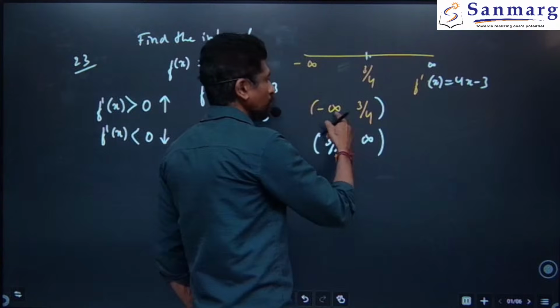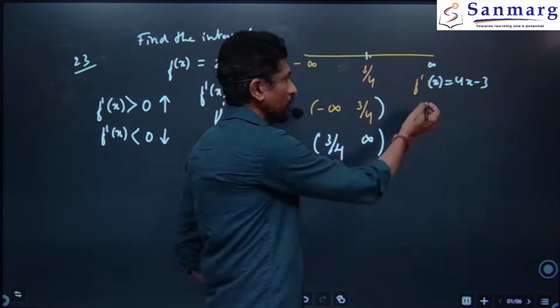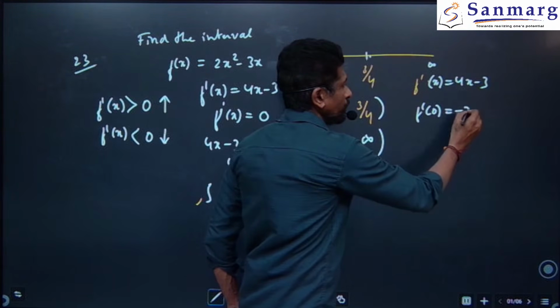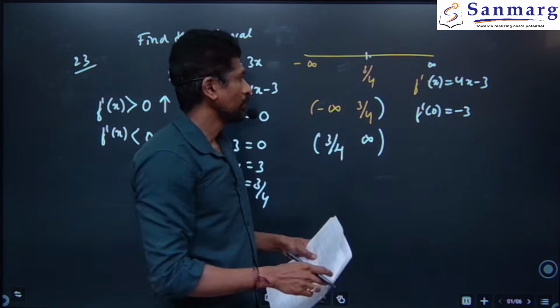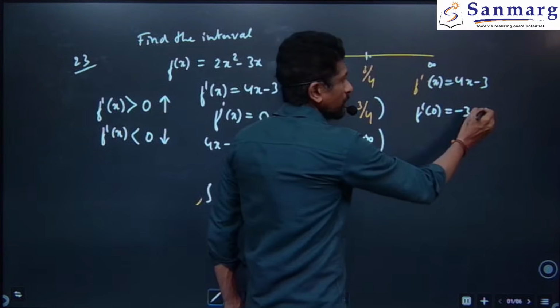So now you have to substitute a value from each interval. 3 by 4 is nothing but 0.75. If you substitute 0, the value becomes minus 3, because in this interval you can consider any value. So now if you consider 0, the value becomes minus 3, means less than 0.